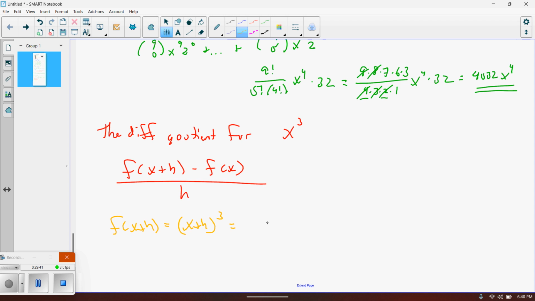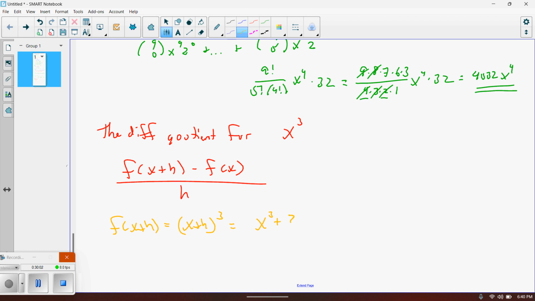Now we already know this. The coefficient of the first part is 1 because it's a 1, 3, 3, 1 coefficient. Again, you could use the whole binomial theorem if you want to, I find it easier just to use the 1, 3, 3, 1, especially when there's 1s as coefficients. So that's going to be 1x cubed h to the 0. I'm not writing the h to the 0.